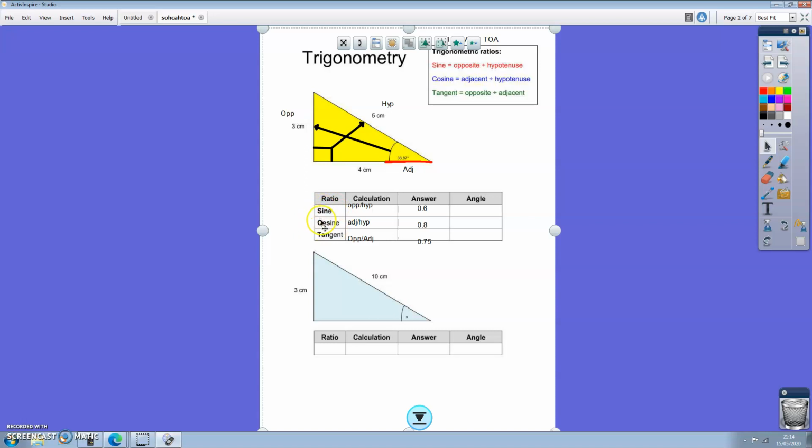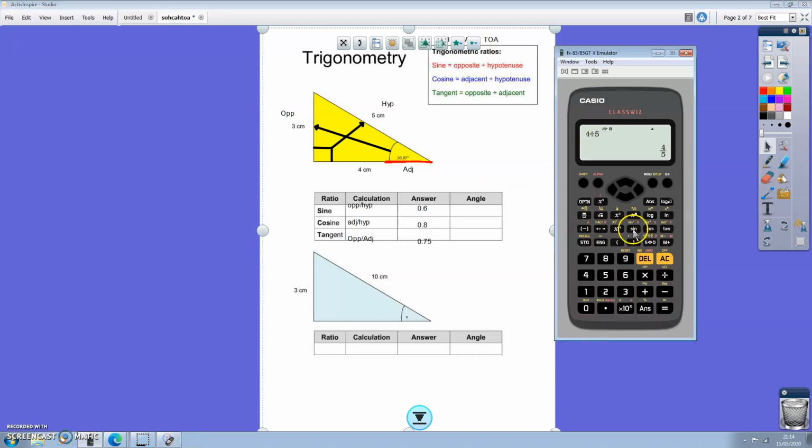Now if I use the sine and the angle that they gave me, they should equal the same thing. You can see sine is on your calculator just here, and then cos, and then tan. The sine of 36.87 equals 0.6, and that's the same as we've got here.